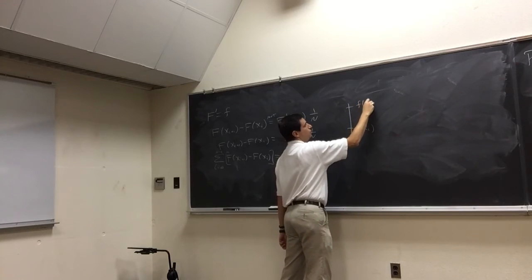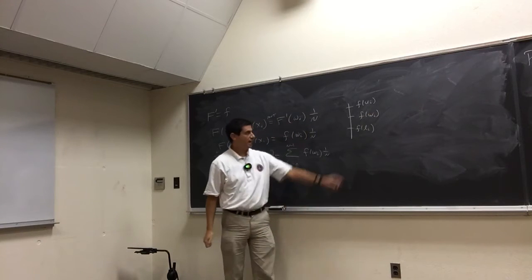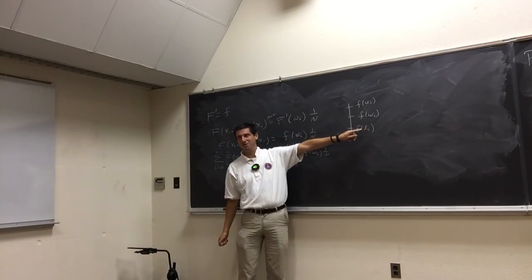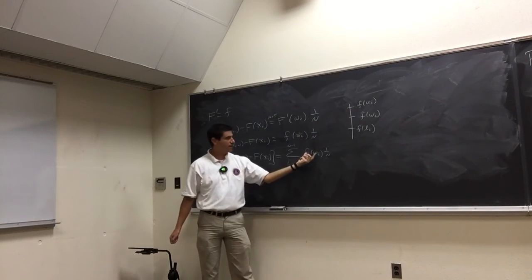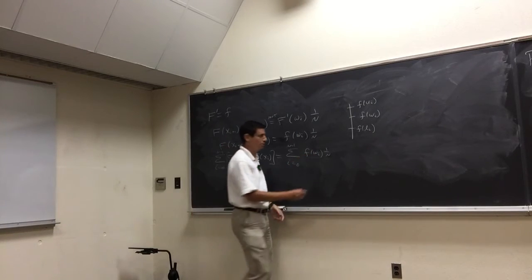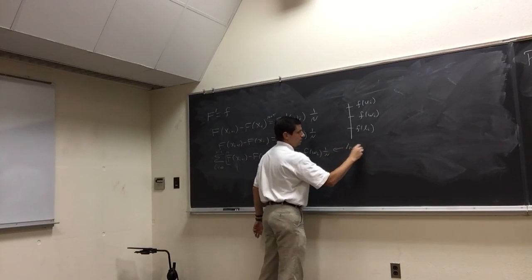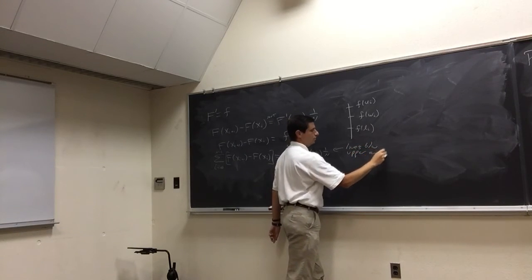Here's f of u_i, and here's f of w_i. It has to be at least as large as the smallest value in the interval, and it can't be larger than the largest value. Right? So this is sandwiched between the upper and the lower sums. So it lives between upper and lower.